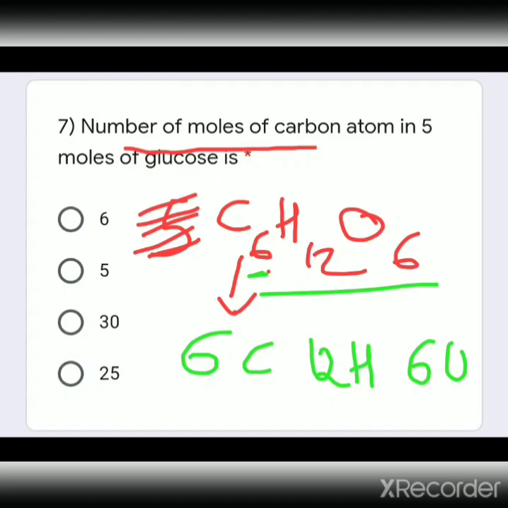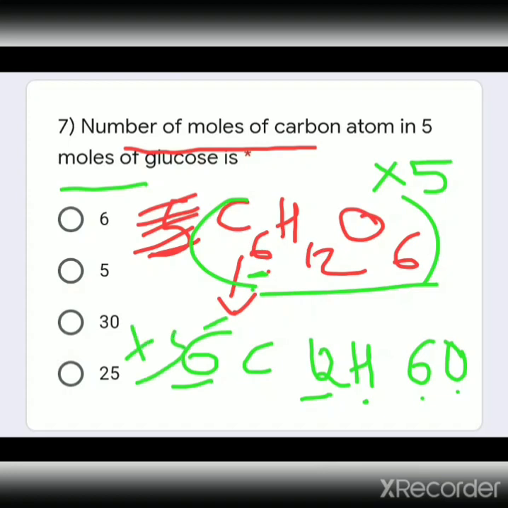That is depending upon the formula, you can say. But the question is to calculate the number of moles of carbon in 5 moles. So that means you have to multiply each term with 5.